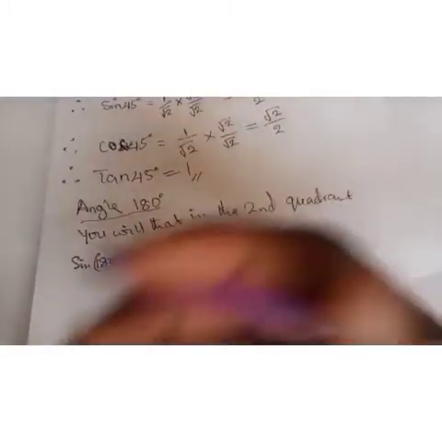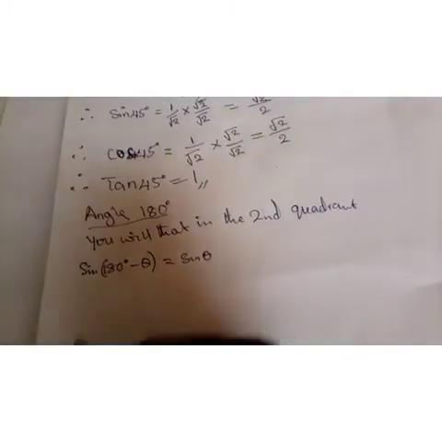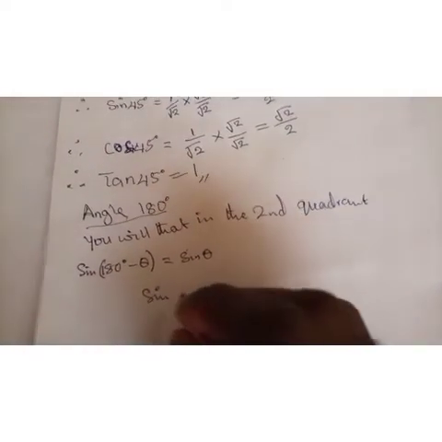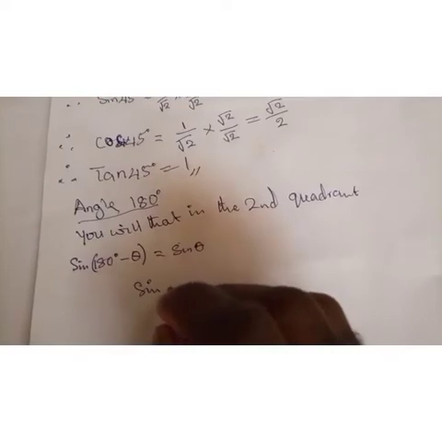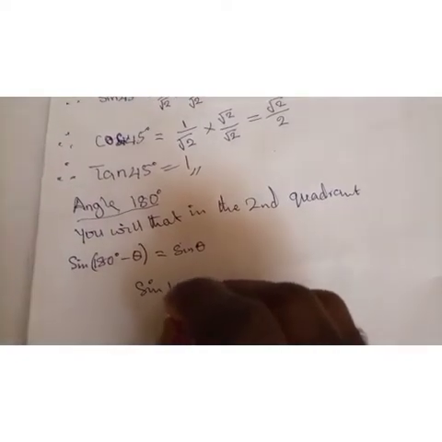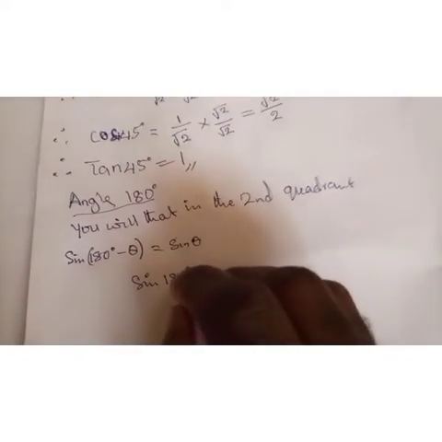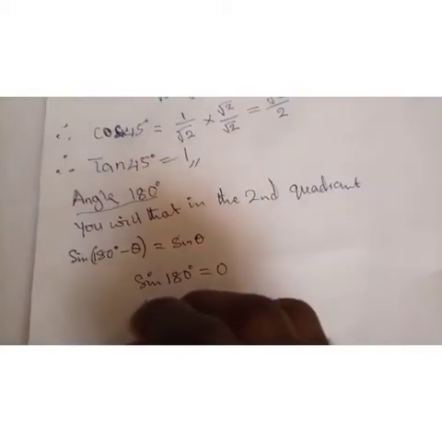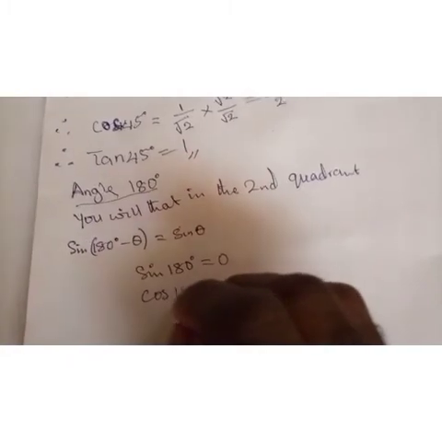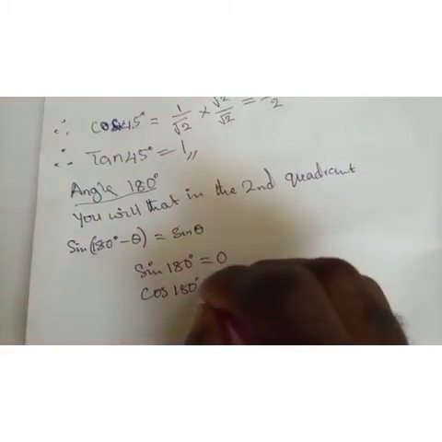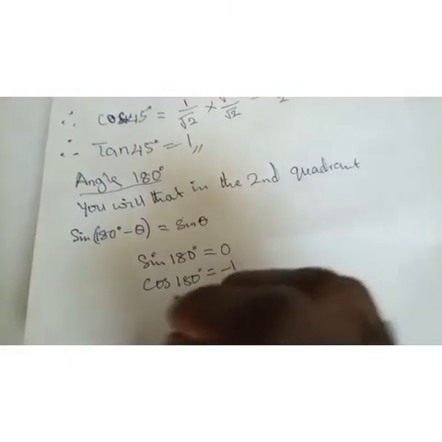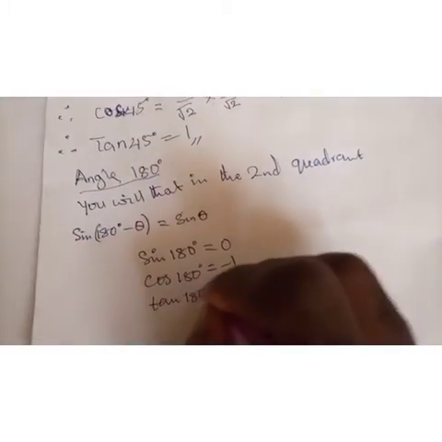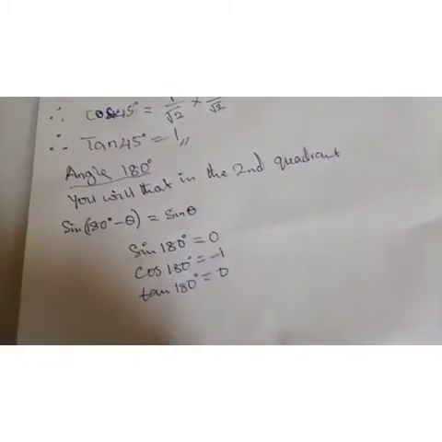And here, without explaining and taking much of your time, we know that sine 180 degree is equal to 0, cos 180 degree is equal to negative 1, and tan 180 degree is equal to 0.